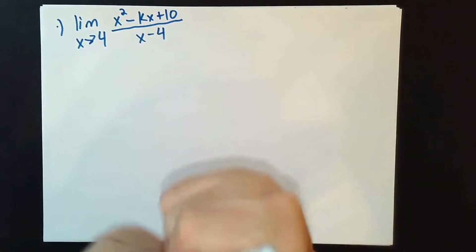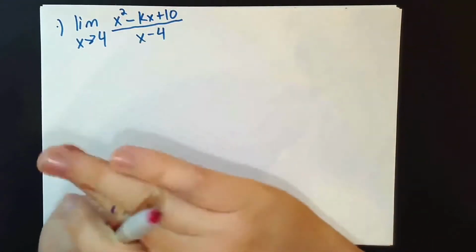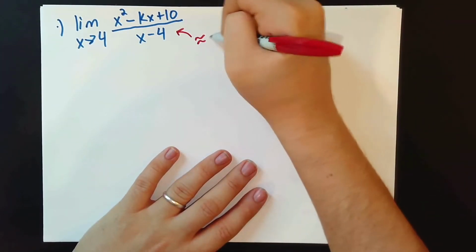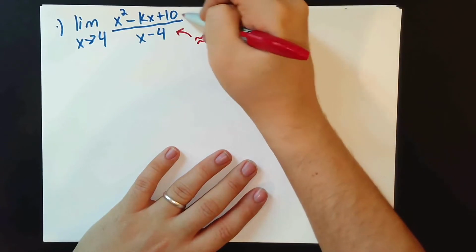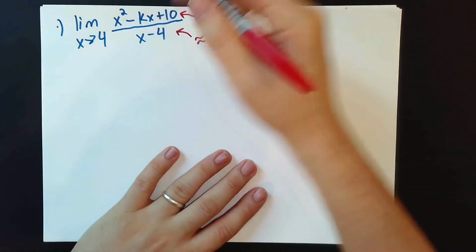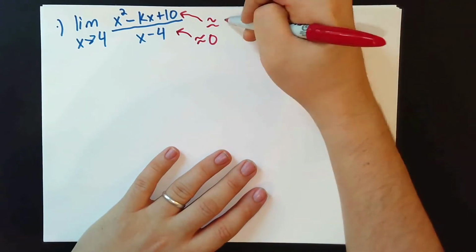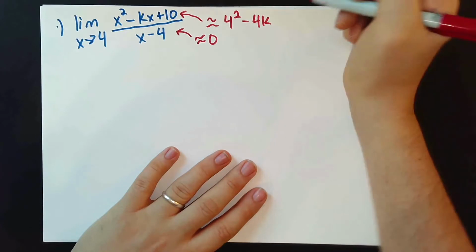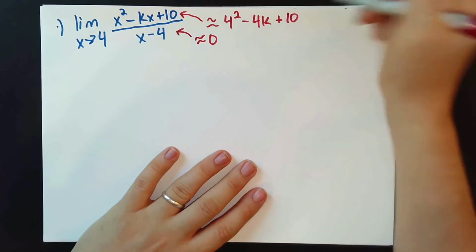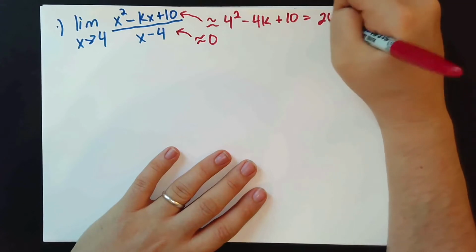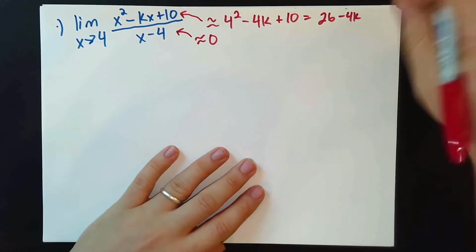So what's the denominator going to if x is 4? Well, it's going to 0. What's the numerator going to? Well, it's going to 4 squared minus 4k plus 10, which, as it happens, is 26 minus 4k.